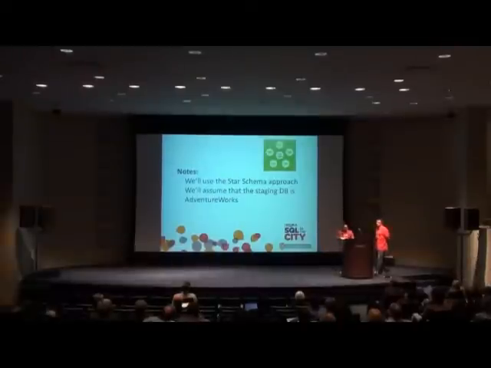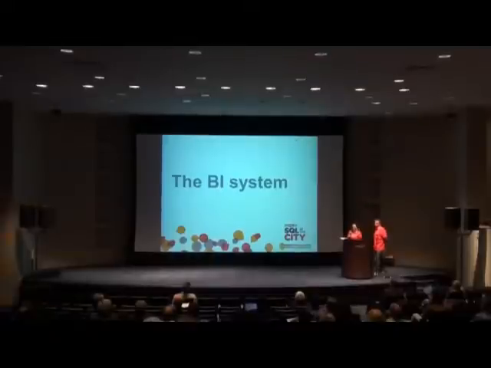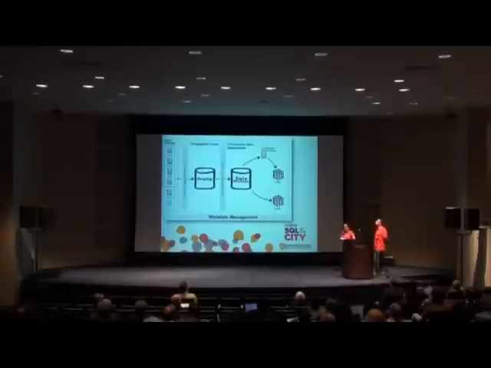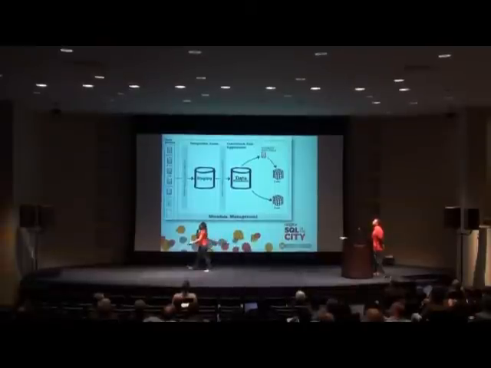So before I start into the details of the example, I'm just going to cover very quickly what the BI system should look like, theoretically. Normally we have quite a different set of data sources. They could be Oracle, SQL Server, files, web services, you name it.